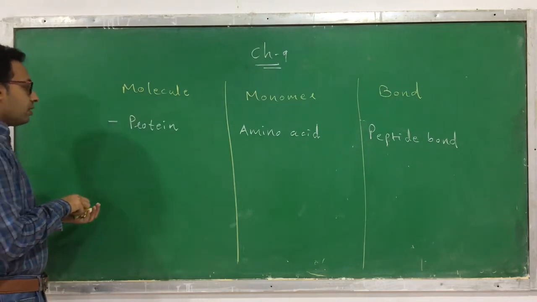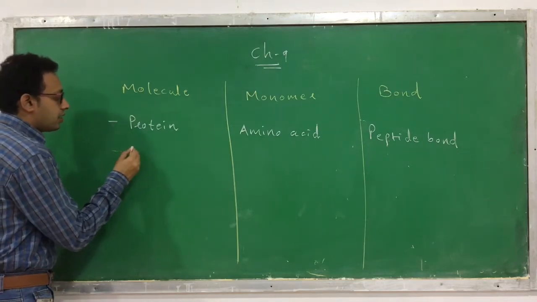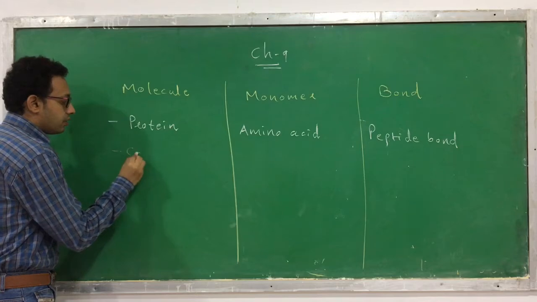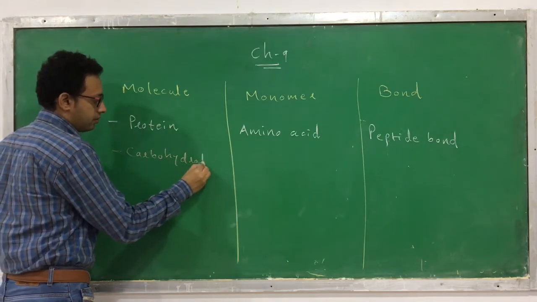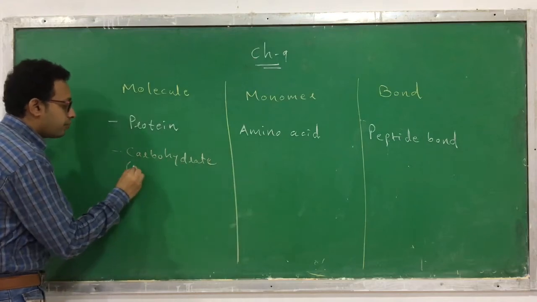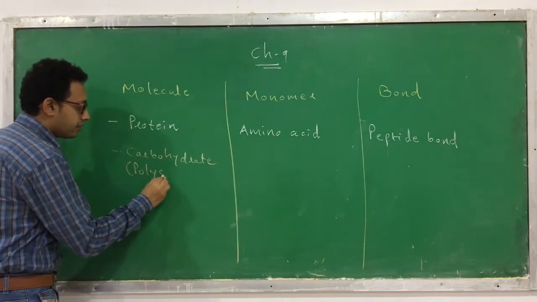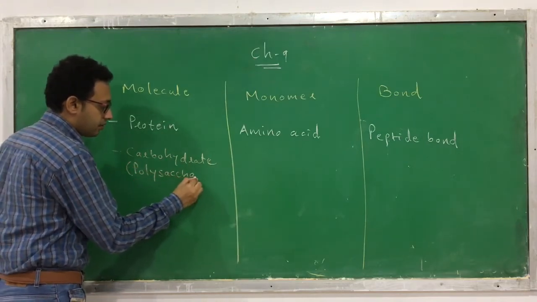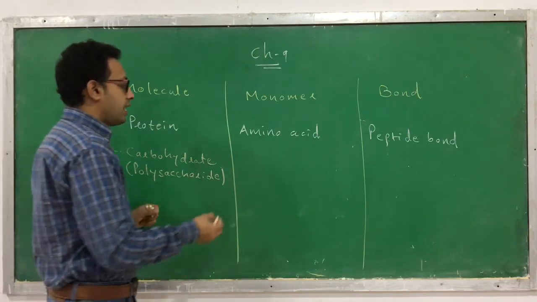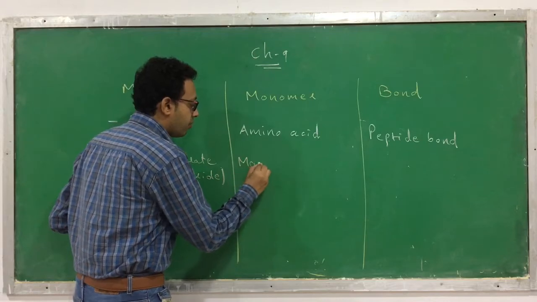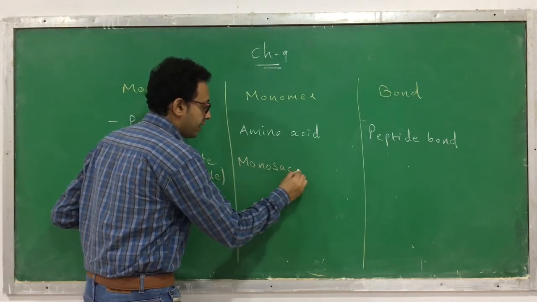Second, the second molecule is carbohydrate. Specifically, I am talking about the polysaccharide. In polysaccharide or carbohydrate, the unit, that is the monomer, is a monosaccharide.